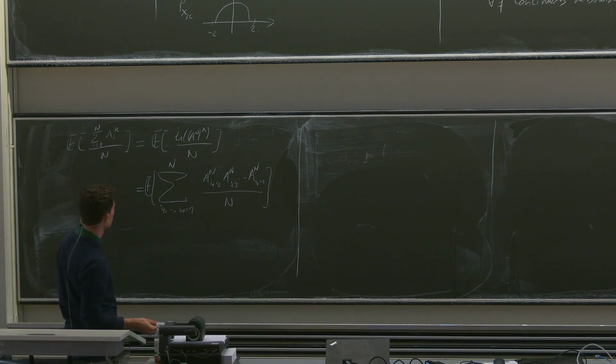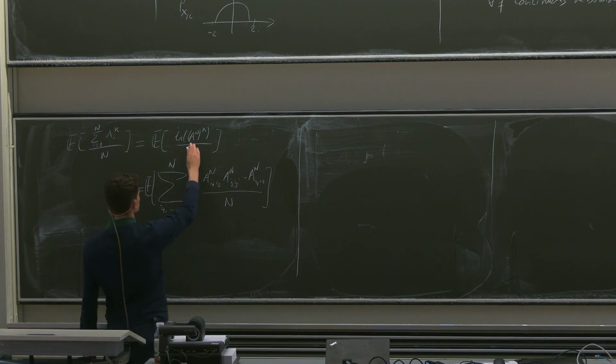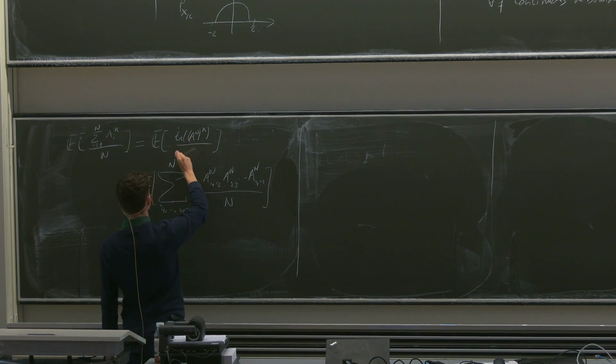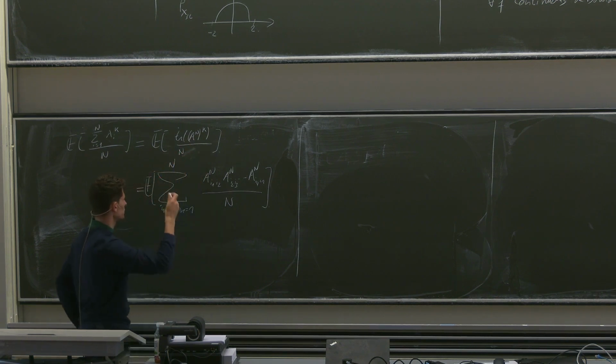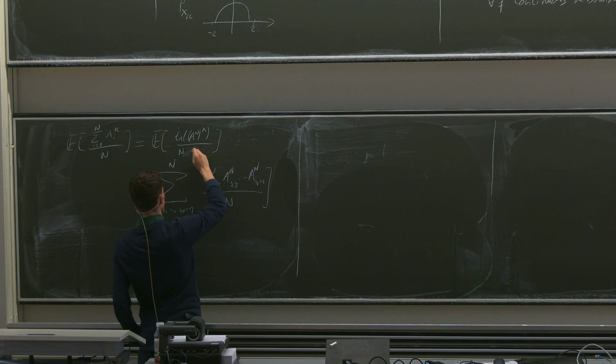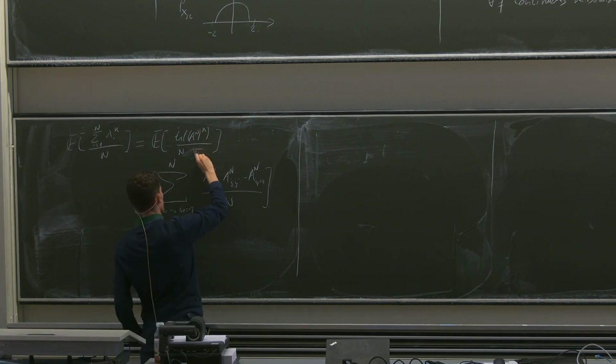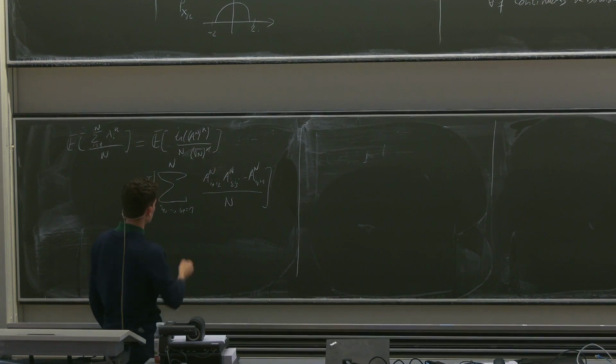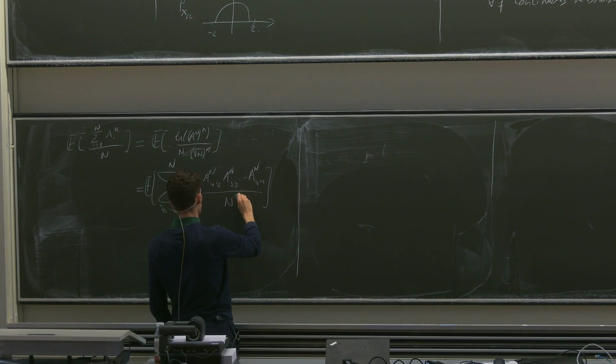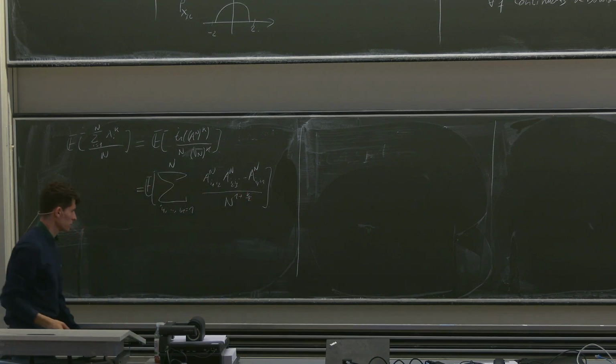And for this An, I forgot something. So this is divided by n, but then there was a rescaling. I rescaled by root n, and then I put it to the power k. So this is root n to the power k, and here this is just going to be 1 plus k divided by 2.